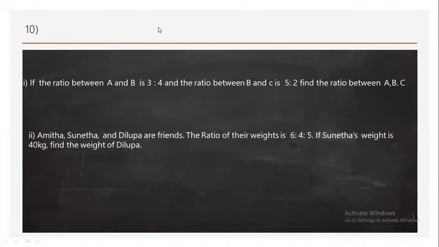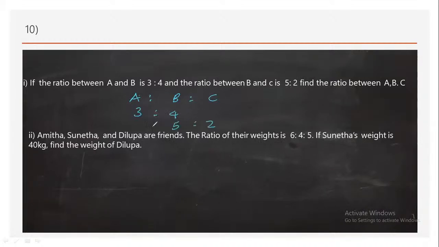The ratio between A and B is 3 to 4. I will write A, B, C, because C is also there. Then A to B is 3 to 4. B to C is 5 to 2.